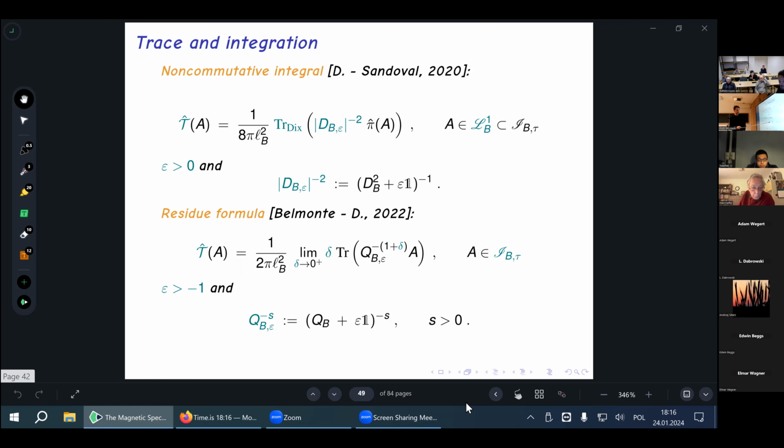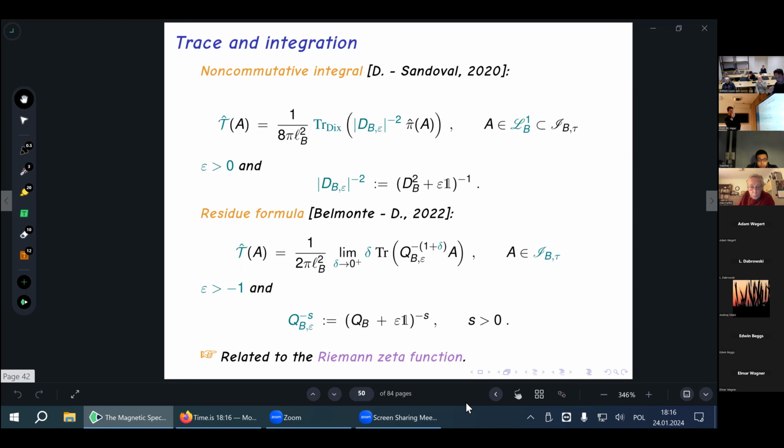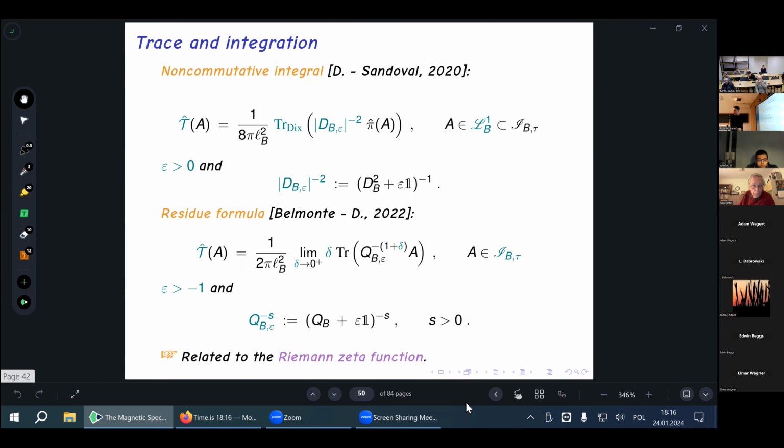We can prove that this is trace class and we can compute the trace. We multiply by delta and let delta go to 0. This gives us again the trace per unit volume. And we have even a third formula to compute the trace per unit volume.